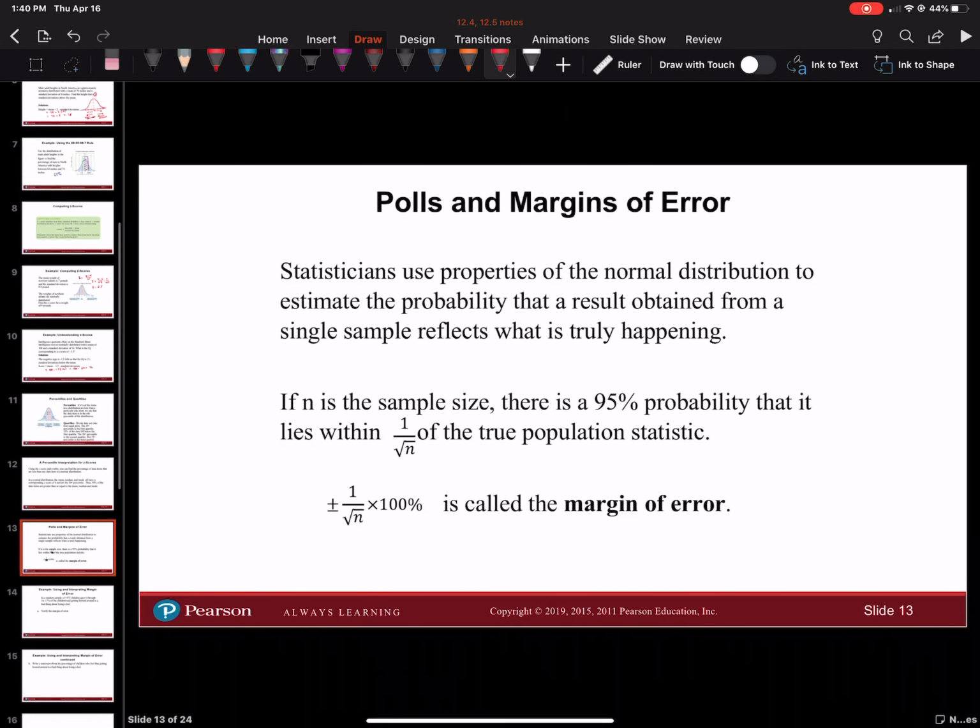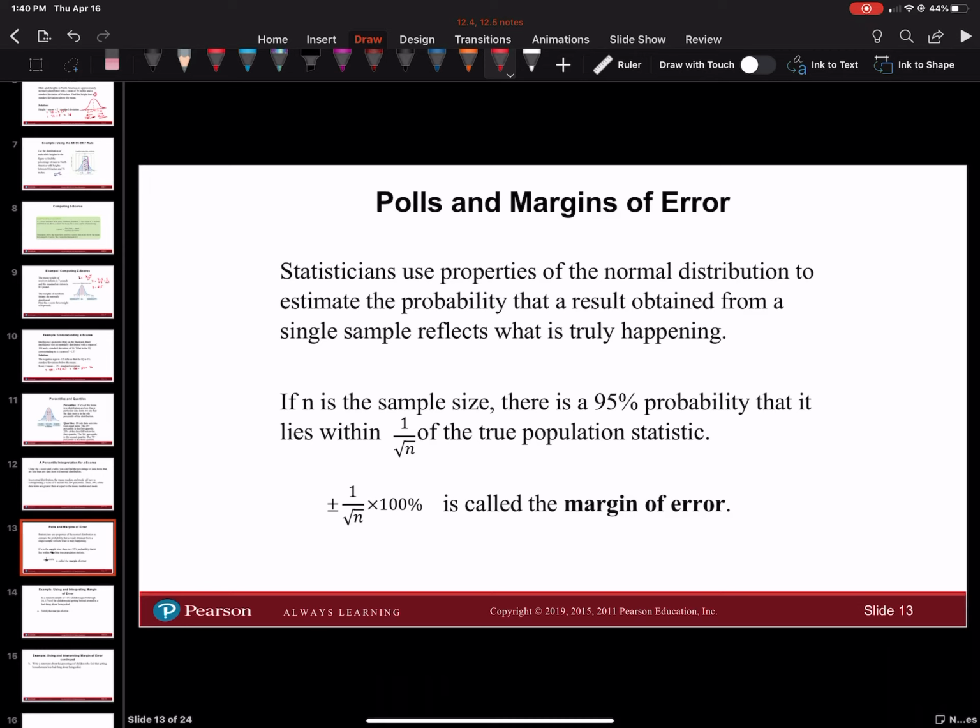So let's look. For polls and margin of error, it says statisticians use properties of normal distribution to estimate the probability that a result obtained from a single sample reflects what is truly happening. If n is the sample size, there is a 95% probability that it lies within 1 over the square root of n of the true population statistic.